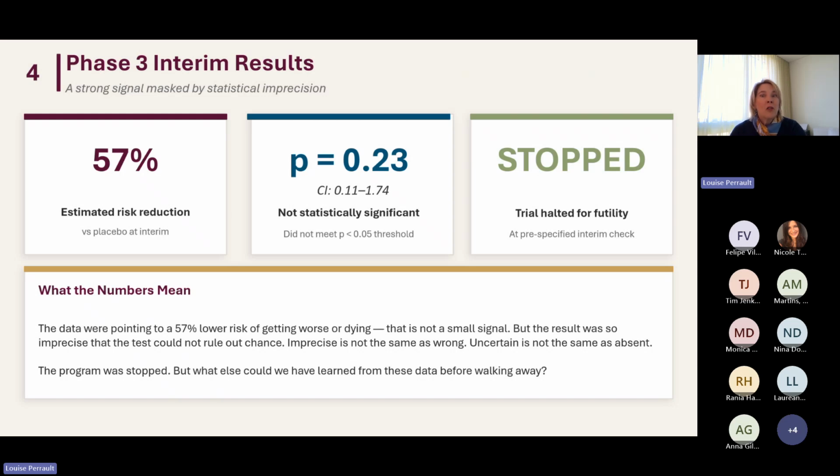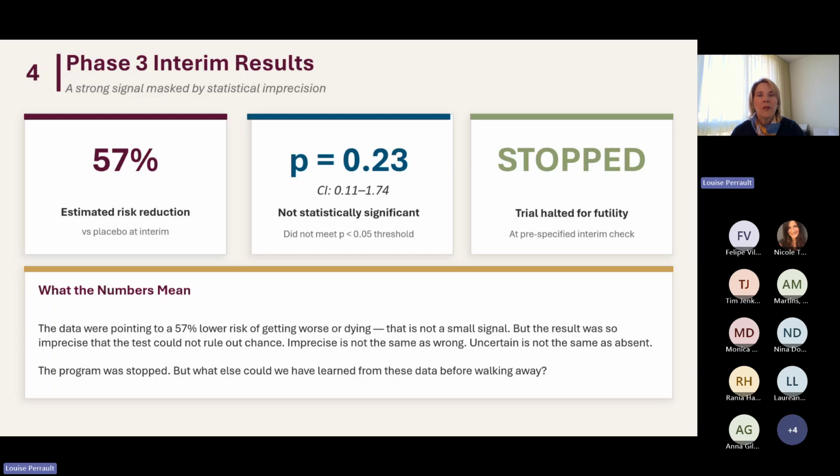The phase 3 trial was properly designed. It was randomized, blinded, placebo-controlled. It had a planned interim analysis, and at that point, the committee looked at the data and concluded futility. The result was not statistically significant. The trial was stopped.